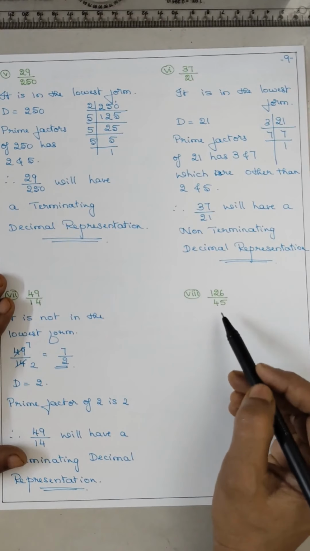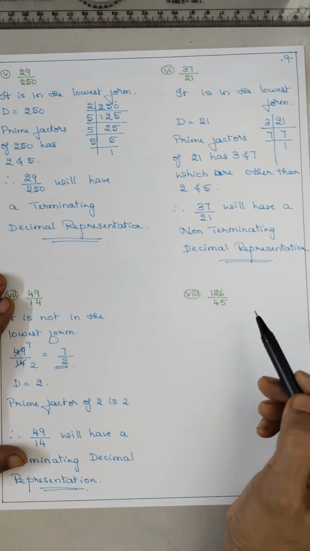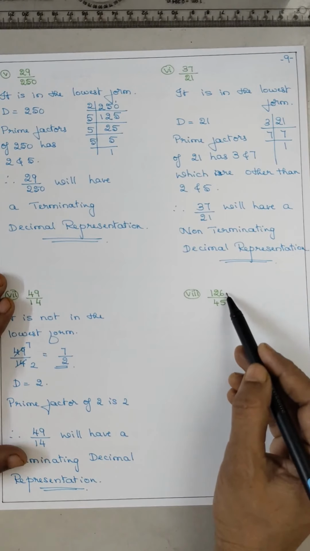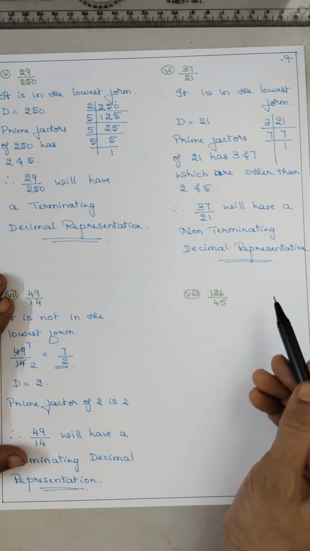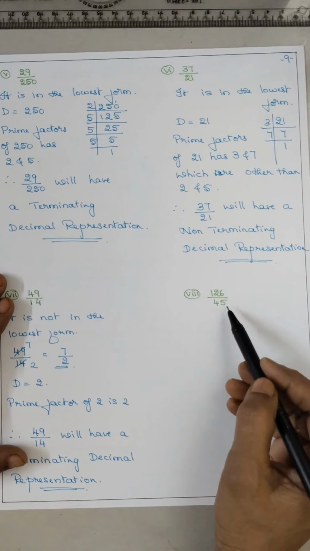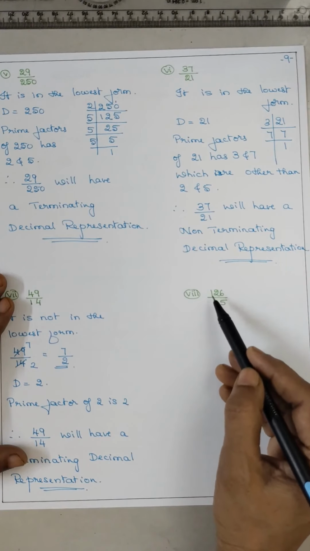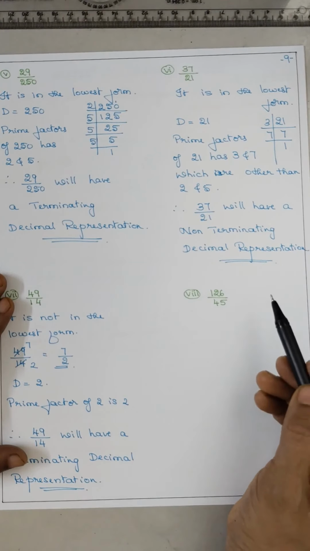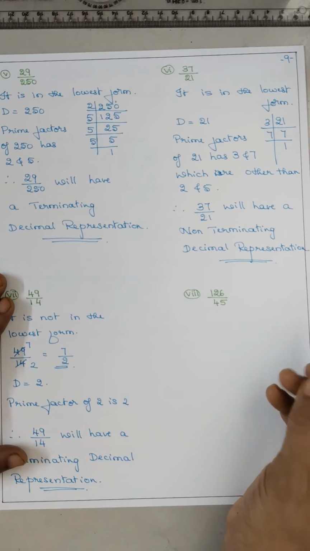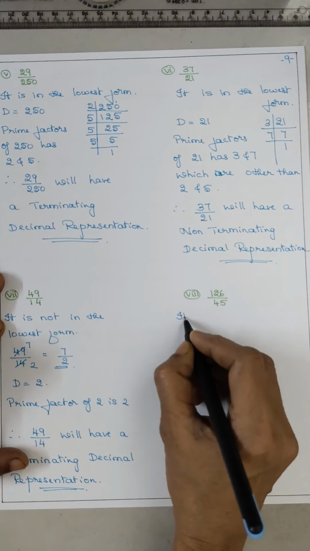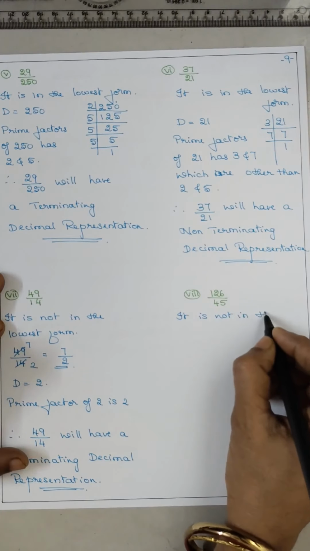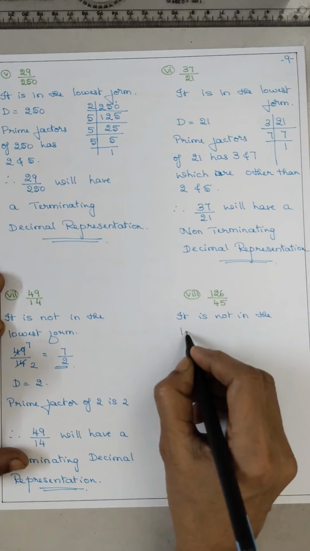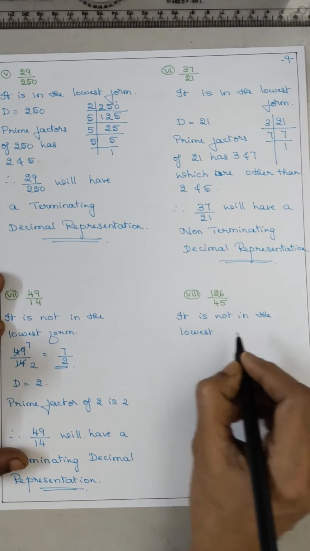Now 126 and 45. It will not cancel with 2, so check with 3. What is the divisibility test for 3 and 9? 4 plus 5 is 9, 1 plus 2 plus 6 is 9. That means it is divisible by 9. So it is not in the lowest form.